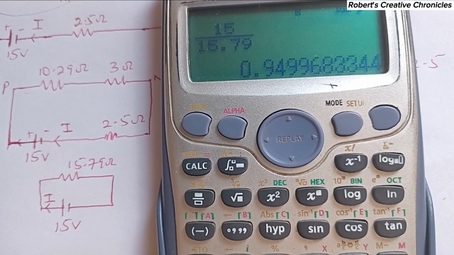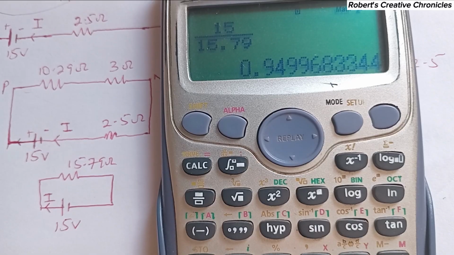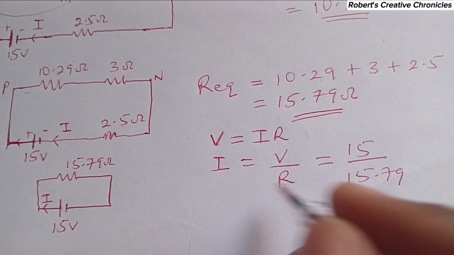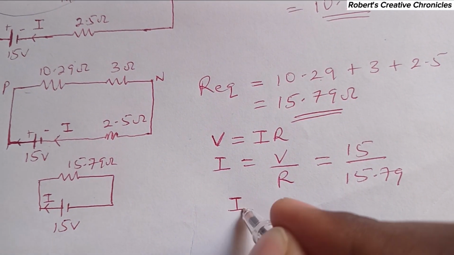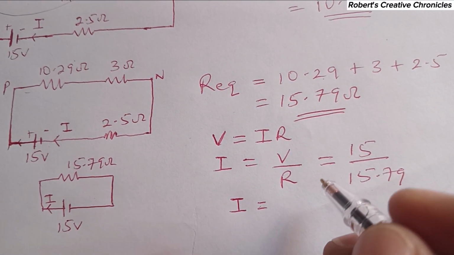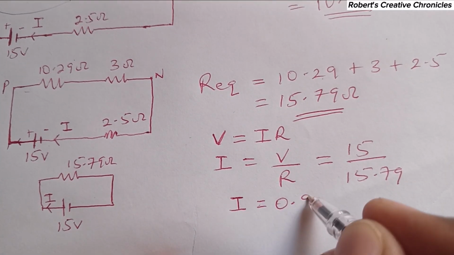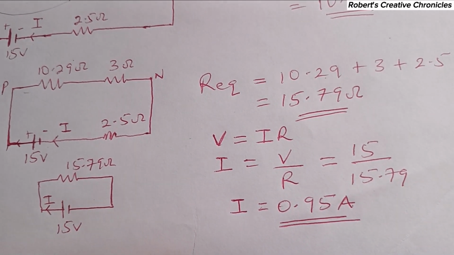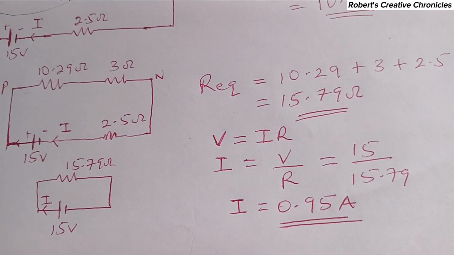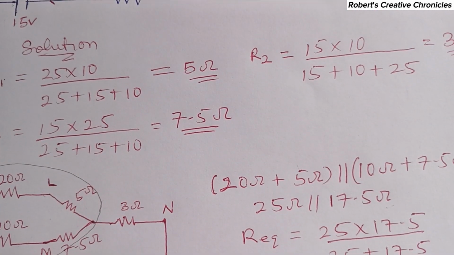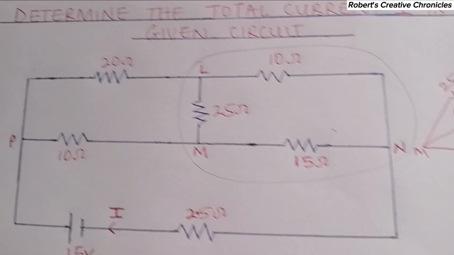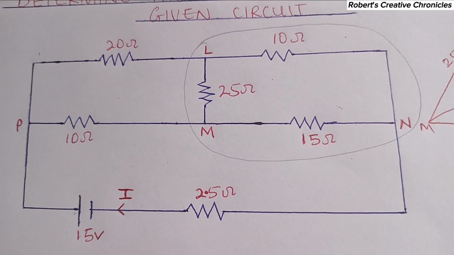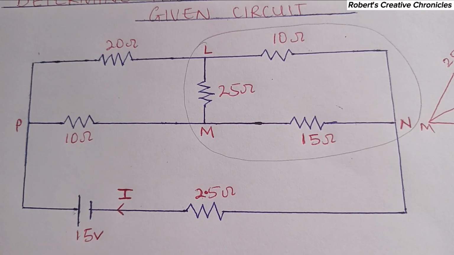So this is 0.9499, which is approximately 0.95. So current equals 0.95 ampere. This is the final answer. The total current in this circuit is 0.95 ampere. That's the final answer.